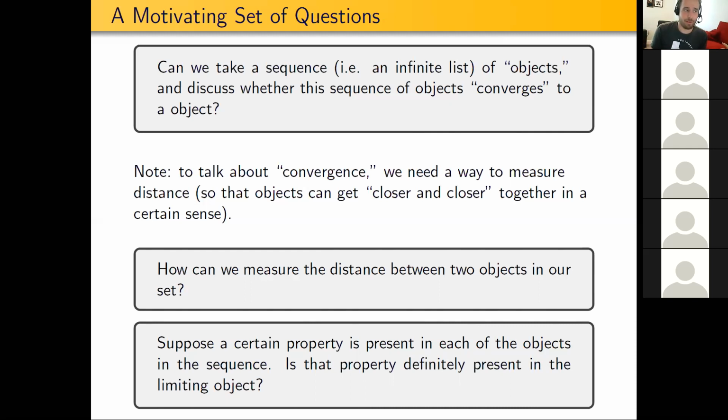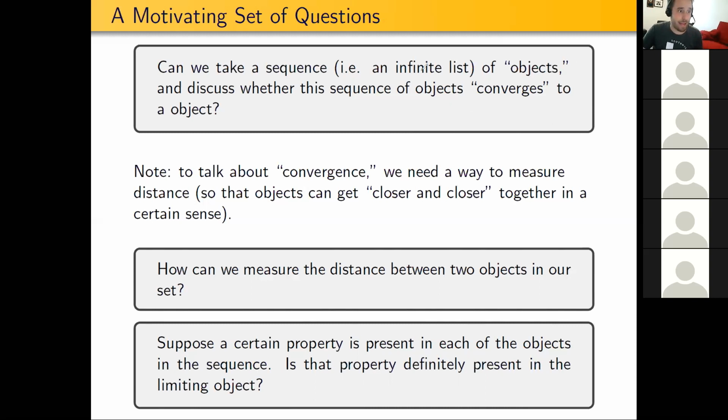In order to talk about convergence, we often have to talk about how things are measured in terms of distance. If we want to talk about convergence, we want to talk about our objects getting closer and closer to some limit object. And so we have to discuss how do we measure distances in these abstract spaces?